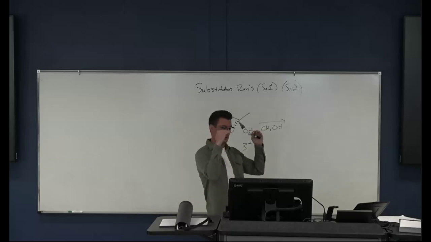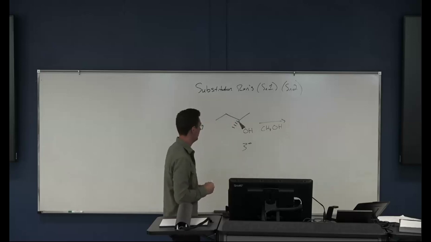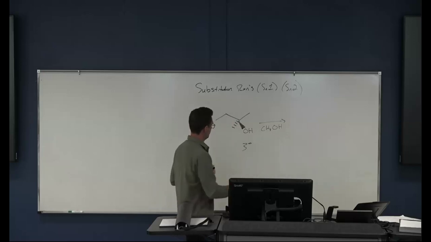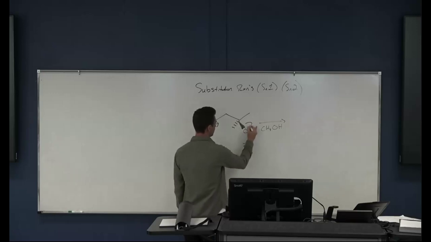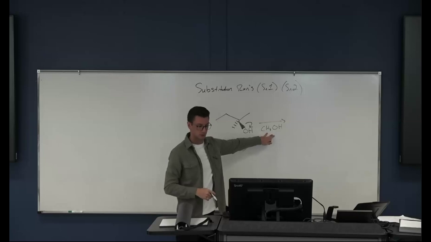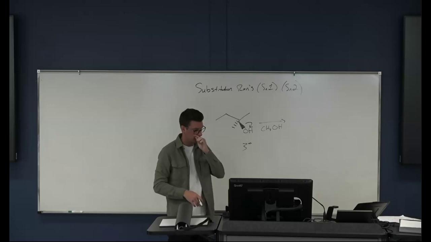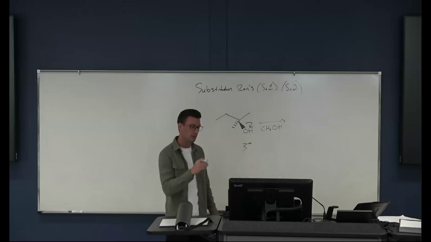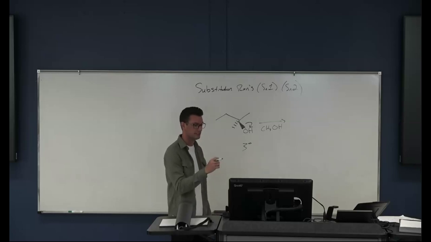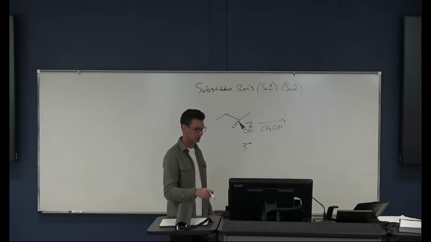All right, so primary Sn2, tertiary Sn1. All right, so tertiary Sn1. This leaving group is going to leave, and that solvent, sometimes in this case, is going to come in and take the place of that OH. And remember, Sn1s have retention and inversion of the stereochemistry.